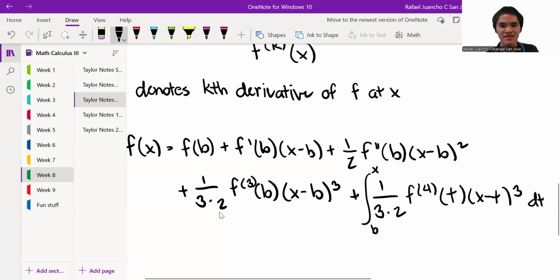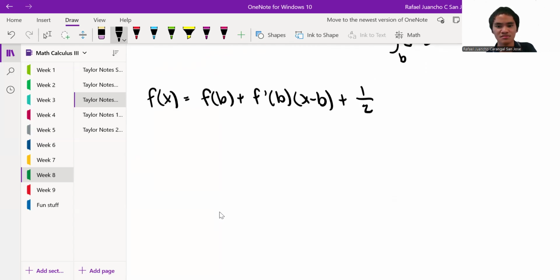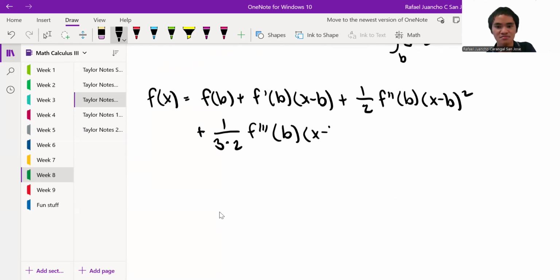So basically the high level idea behind this thing is f of x is basically from this plus this plus this, 1/2, right? f double prime squared, plus the third, 1/3 times 2 f triple prime, right?